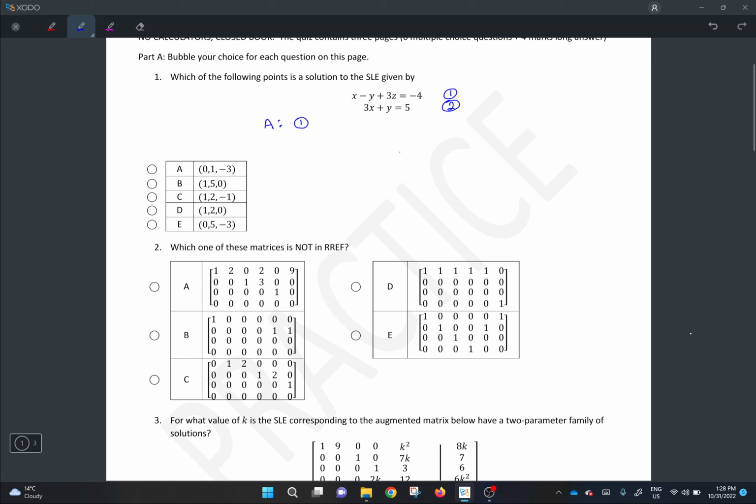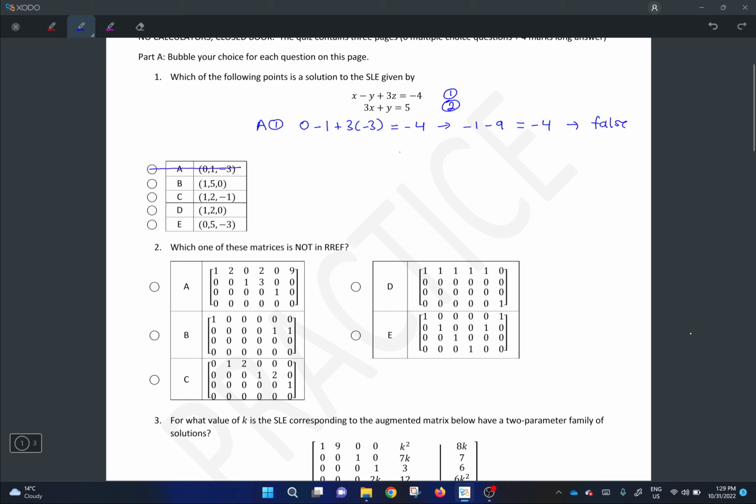In equation 1, for option A, equation 1 says 0 minus 1 plus 3 times negative 3 equals negative 4. So we have negative 1 minus 9 equals negative 4. That's false. So it can't be option A.